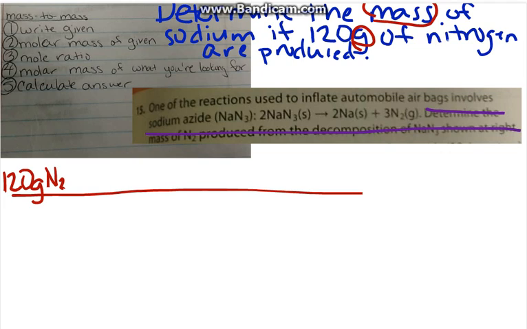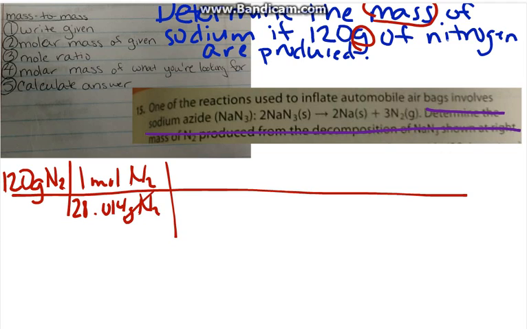The first thing is write my given: 120 grams of N2. Next step is molar mass of given. So look at molar mass of nitrogen, multiply that by 2. I know that my grams need to go on bottom. That's always paired with 1 mole of nitrogen.